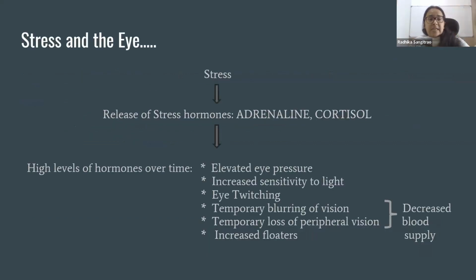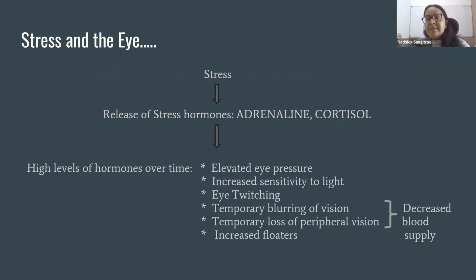Another important thing to discuss now: this was the physical aspect of it first, where you have glass number or computer vision syndrome. Now, another thing is the mental aspect. Stress causes release of the stress hormones, that is adrenaline and cortisol, and this is happening over long periods of time.